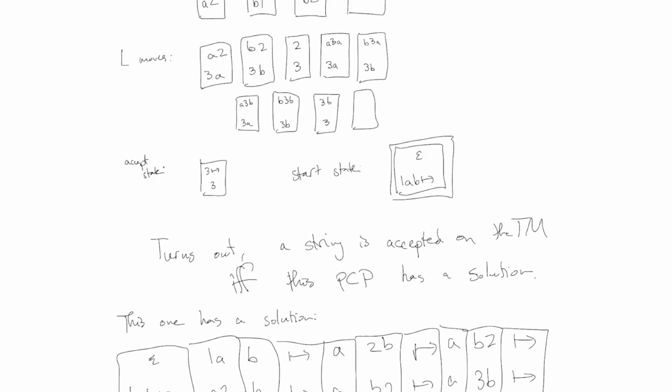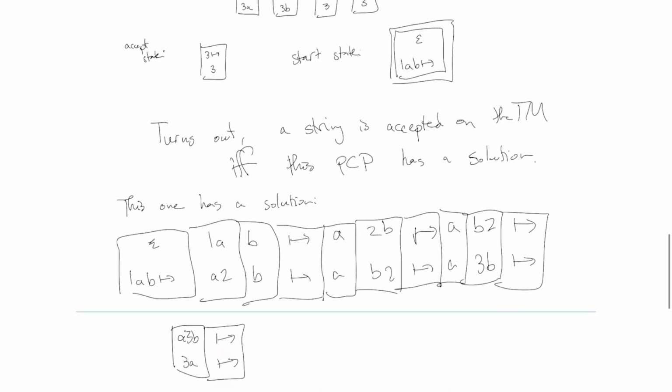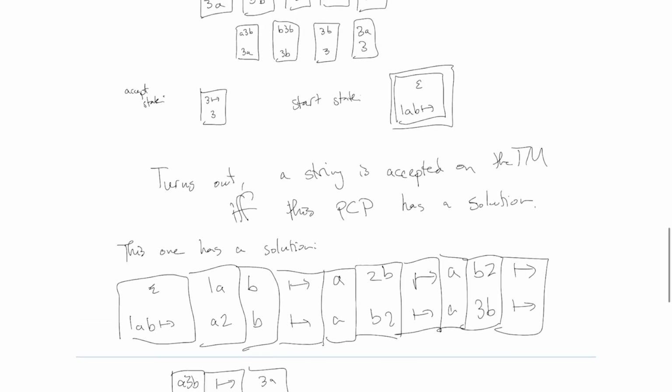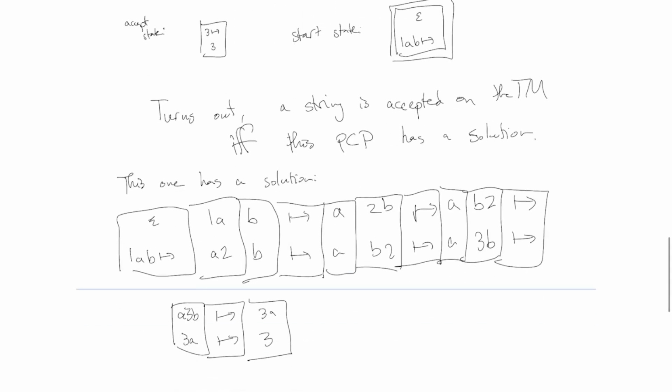This is a left-moving transition from an A that blanks it out. So there's a block, 3A and A. No, 3A and 3. And then finally, I do the very last accepting state block, this, 3 arrow and 3 on the bottom. Sorry, this is another typo. It should be an epsilon there.